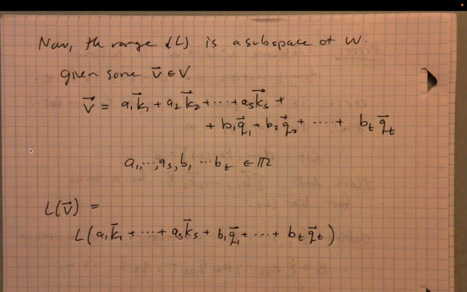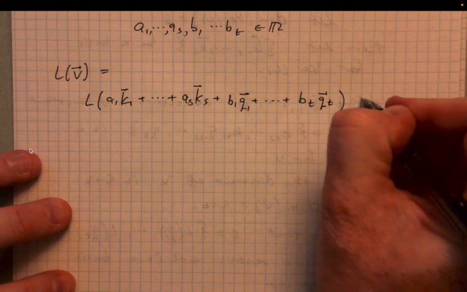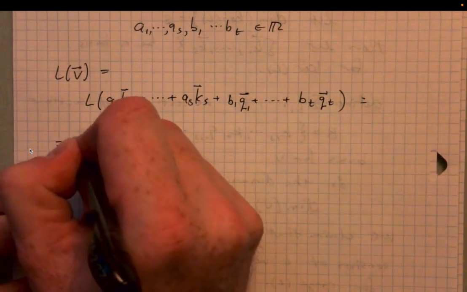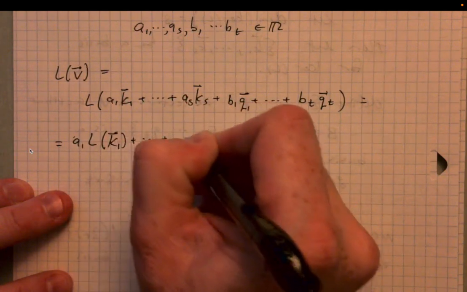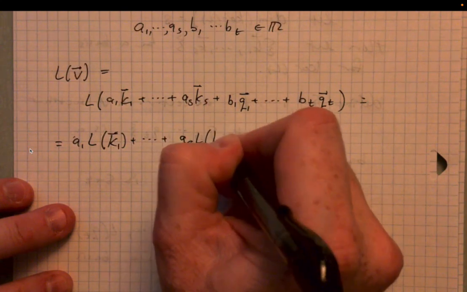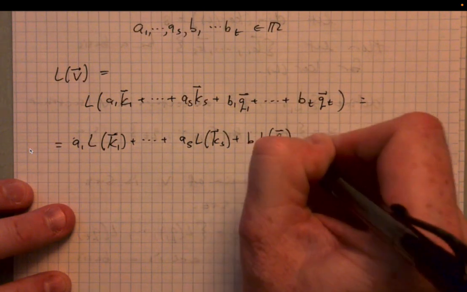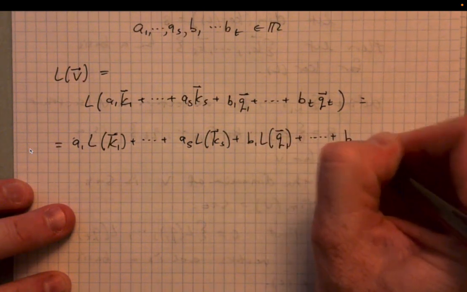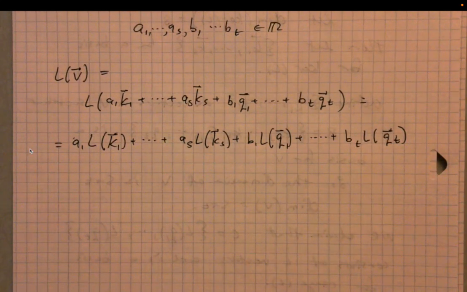We know that if we apply a linear transformation to a linear combination, we can break it up and rewrite this as A1 times L of K1 plus ... AS times L of KS plus B1 times L of Q1 plus ... plus BT times L of QT. That's no problem. Again, this is just properties of a linear transformation.